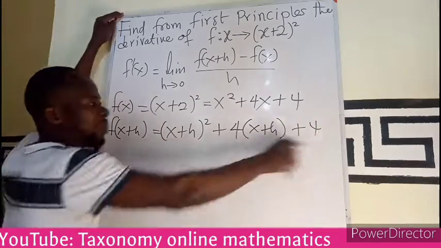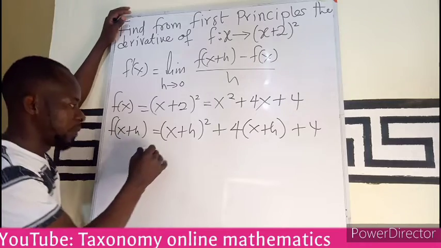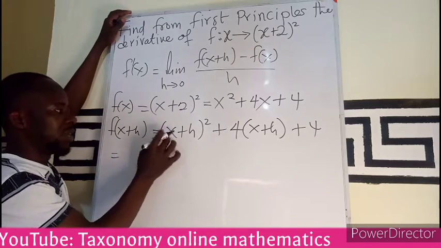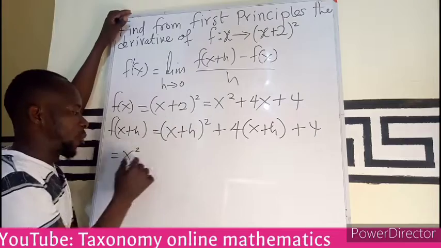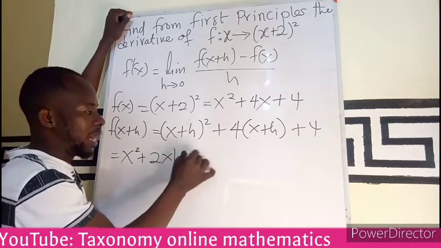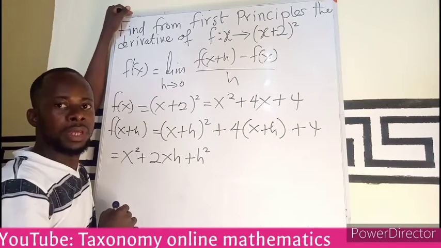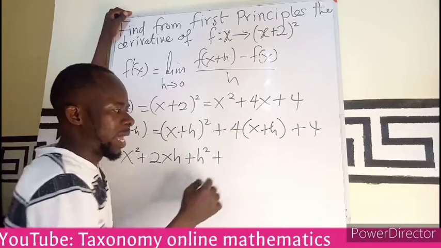So we can also expand this so that we can get a simplified version of this. Squaring the first will be x squared, twice their product will be 2xh, then square the last will be h squared. Then from here we multiply by expanding.